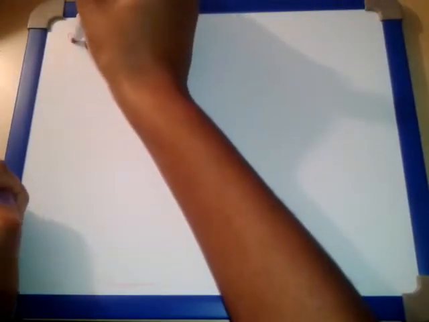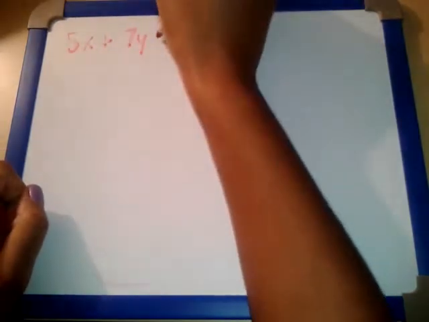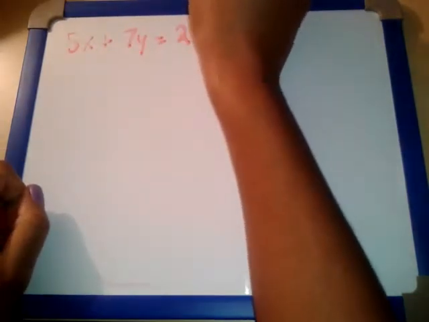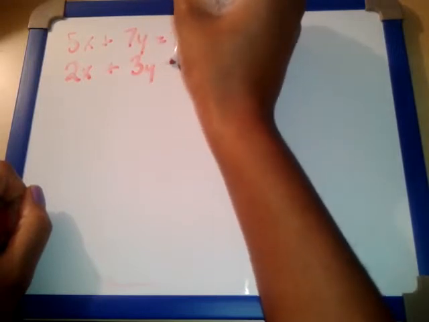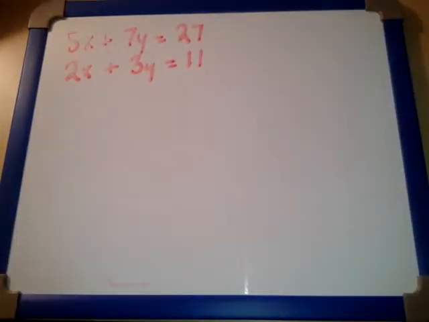Okay, so in this example, 5x plus 7y equals 27, and 2x plus 3y is equal to 11.